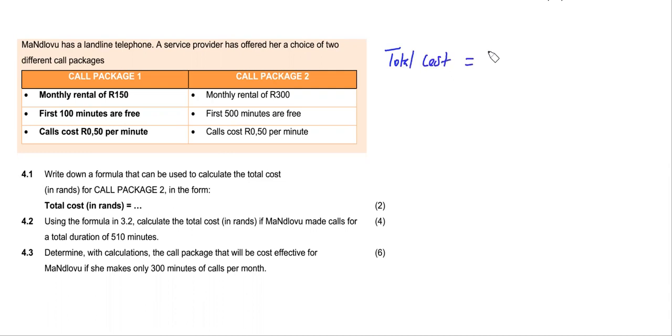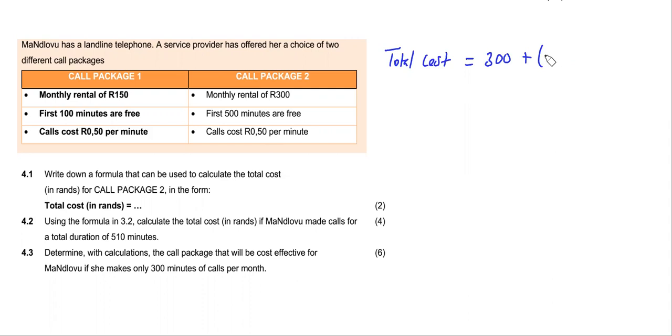Total cost, what do we have here? We have 300 rand, that's the fixed cost, which is the subscription fee. Plus, now the cost for the minutes, so you're going to say 0.5 times, let me put it this way. We are looking for the number of minutes above.